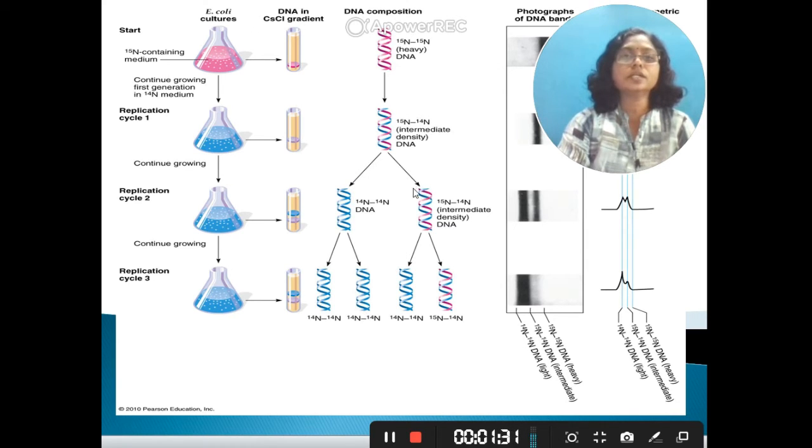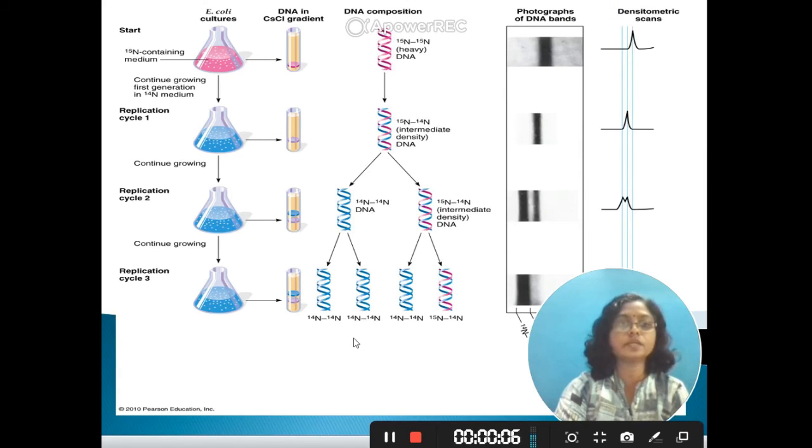However, the other daughter DNA, which had the intermediate density of N15 and N14, when segregated and replicated in the two daughter cells, one of the daughter cells had N14 DNA, while the other had N15 and N14.